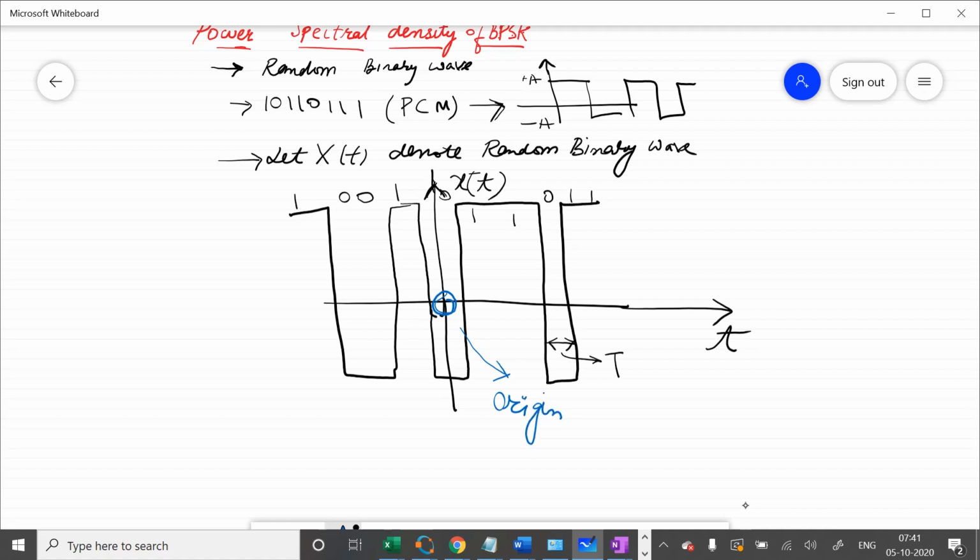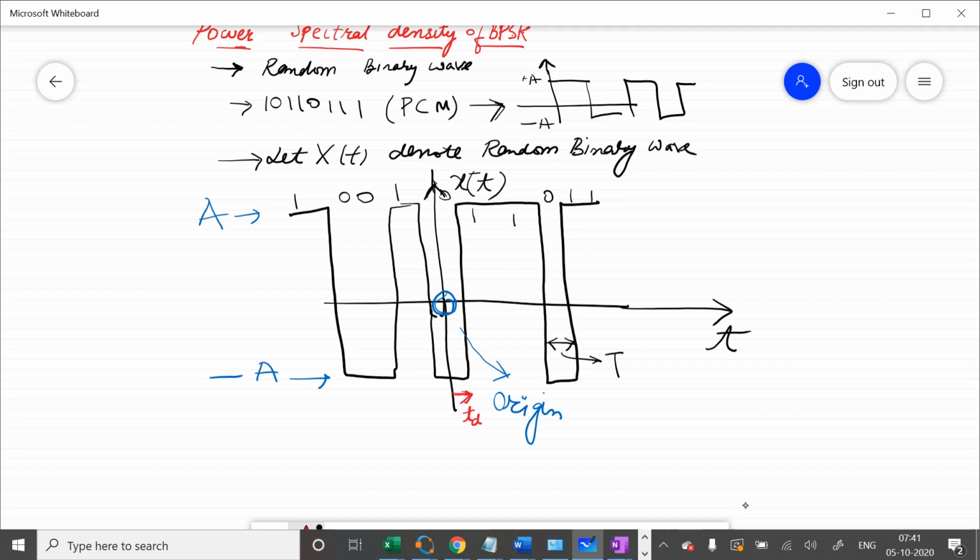To model it properly, first of all, 0 is mapped to minus A, and 1 is mapped to plus A. In general the pulses are not synchronized, in the sense that the starting time of the first pulse can be away from the zero point. Let's take this as some td.